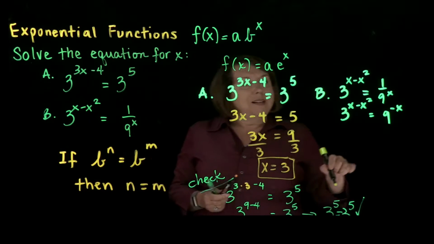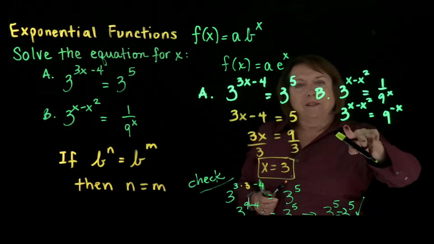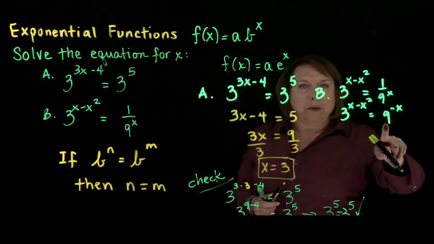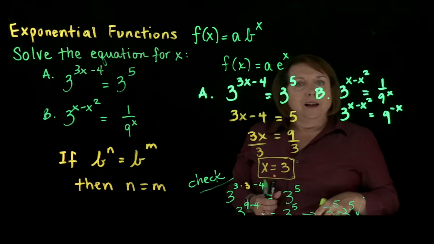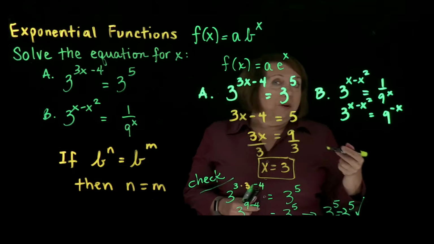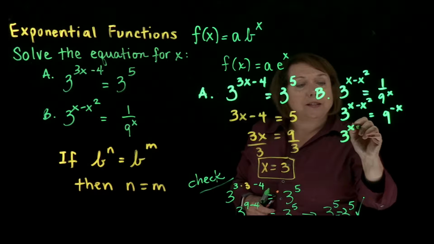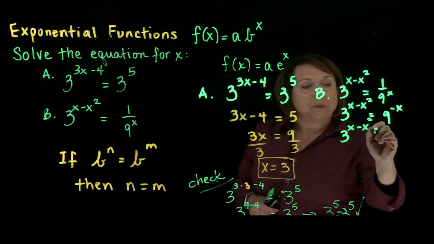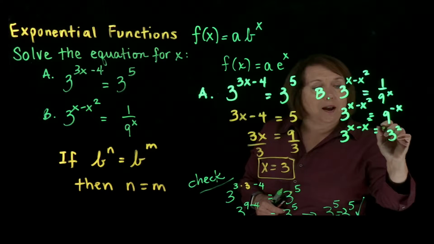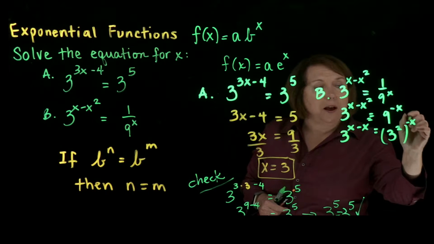So I still don't see the same base. I have a base of 3 on the left side, a base of 9 on the right side. But isn't 3 squared 9? So I can express the right side as 3 squared raised to the negative x power.